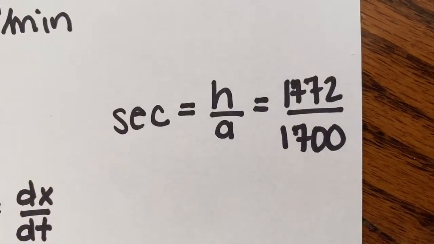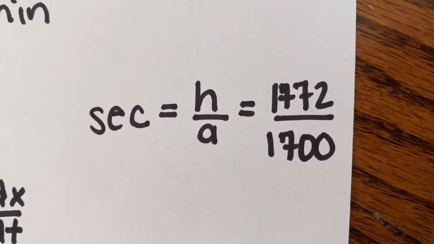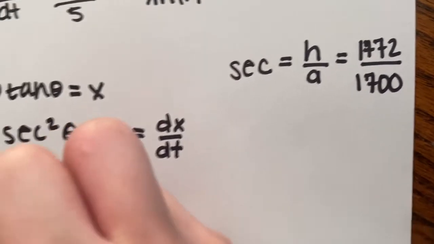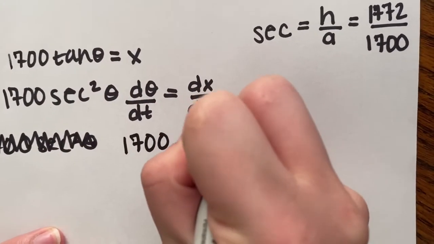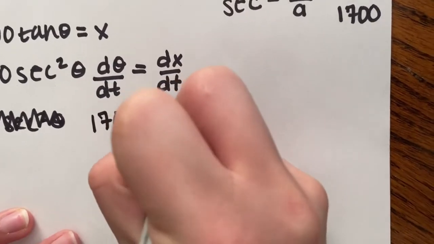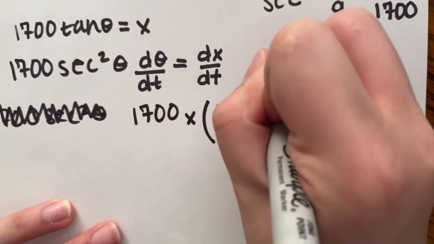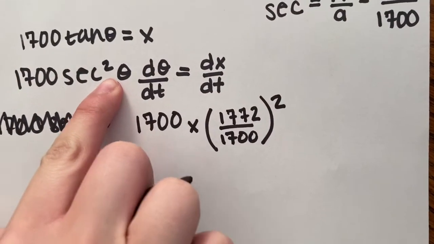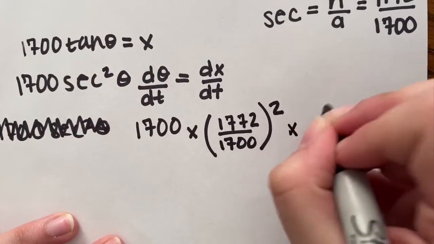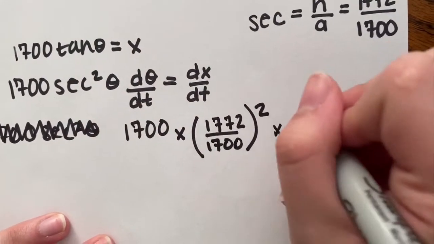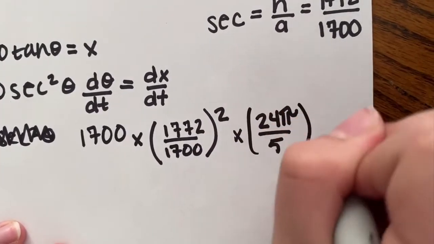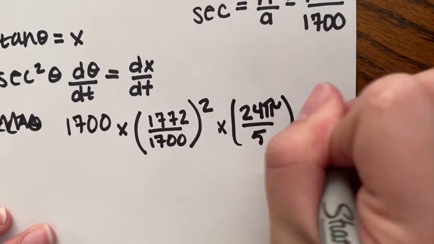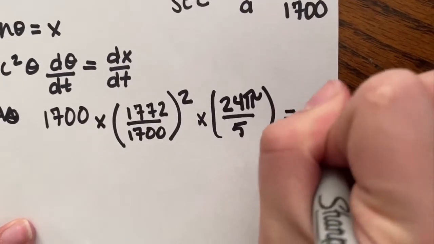So once you've found all of the values that you need, you just start to plug everything in. So you're going to have 1,700 times 1,772 over 1,700, and that has to be all squared because you have your secant squared here. Now you do times your d theta dt, which you know is 24 pi over 5. And then you set that equal to dx dt.